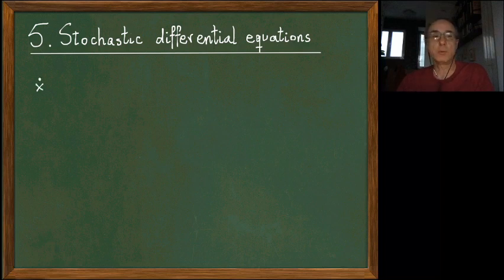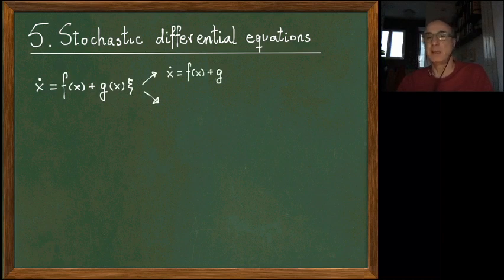So as always, we deal with this type of equation, and as we have seen, these symbols, just like that, don't mean anything, or they are not precise enough. You need to provide an interpretation.